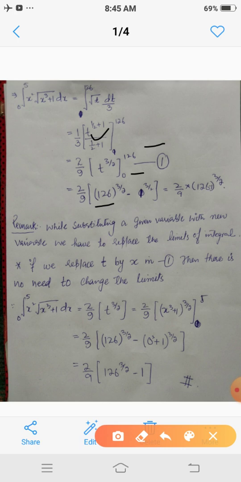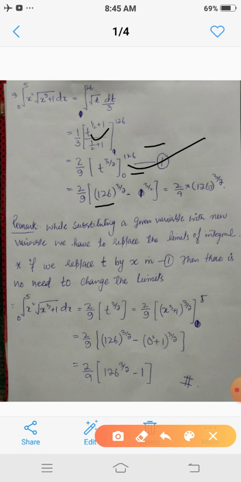There is another way to solve this definite integral by using the substitution. Like here, the integral from 0 to 5 of x square root of x cube plus 1 dx becomes 2 by 9 t raised to power 3 by 2.